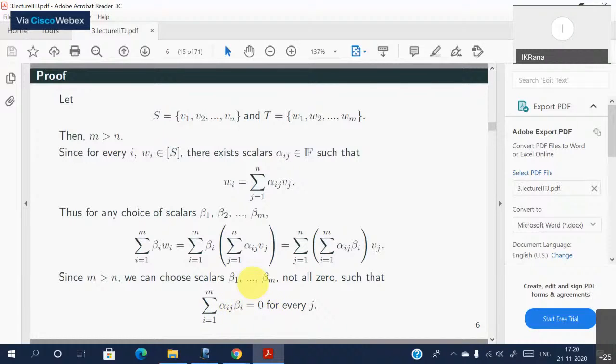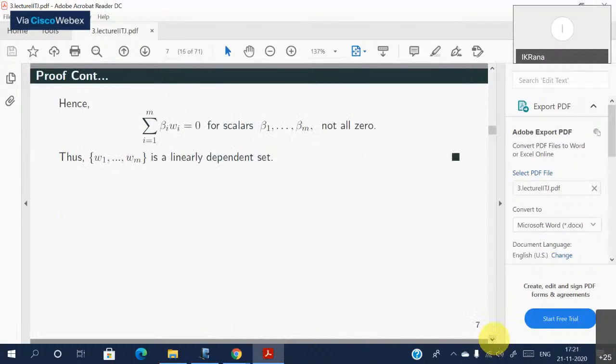So select those beta i's and put these values back in this equation. Then you will get sigma beta i wi is equal to 0. And just now we said that not all these scalars are equal to 0 because it is a non-trivial solution. So that means the vectors w1, w2, up to wm are a linearly dependent set, because we have got a linear combination which is 0 and not all the coefficients involved are 0.